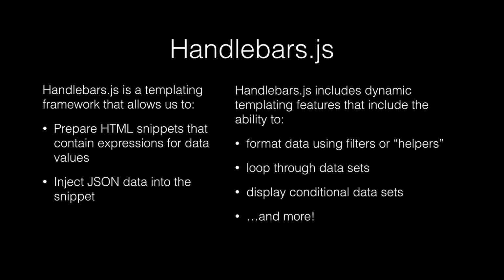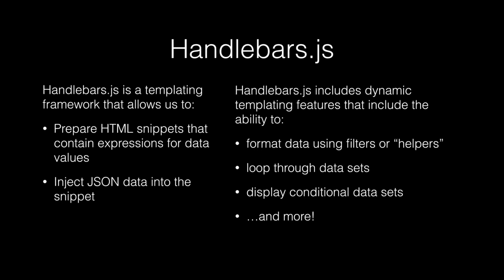So Handlebars.js is a templating framework that allows us to prepare those HTML snippets that contain expressions for data values. These expressions are basically placeholders that will eventually be replaced by the data that we've loaded. So we can then inject JSON data into these snippets or into the expressions that are inside of these snippets that we've prepared.